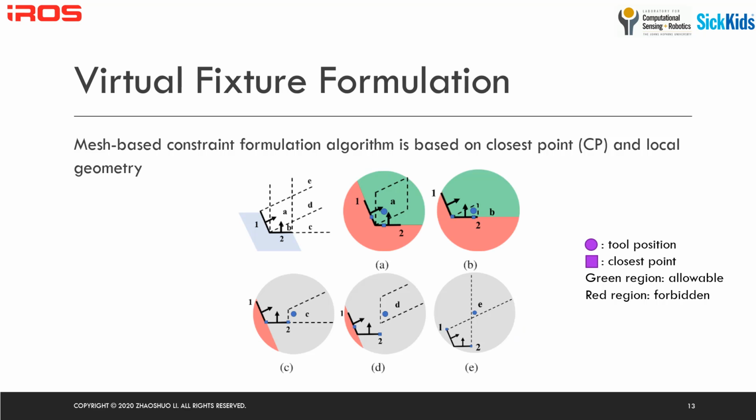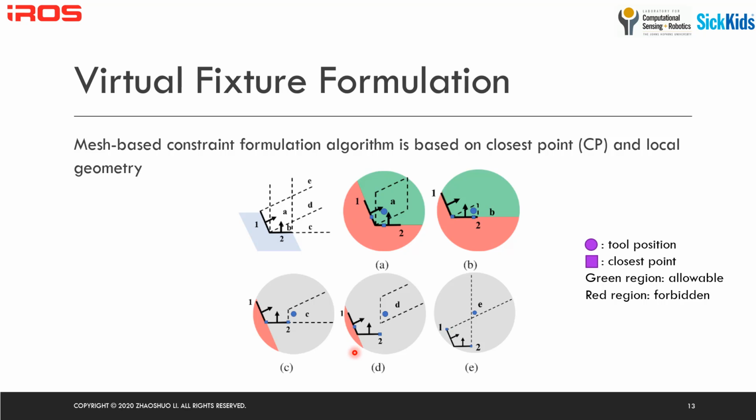In the case of a concave object, there are 5 possible regions, and the rest will be the same due to symmetry. If the tool position is in region A and B, both plane 1 and 2 will be activated. If the tool position is in region C and D, only plane 1 will be activated.